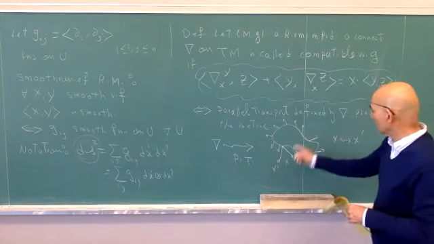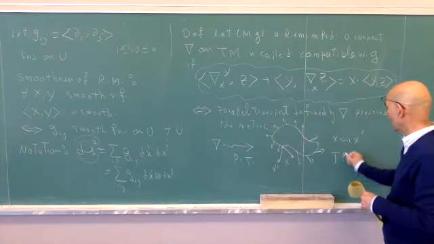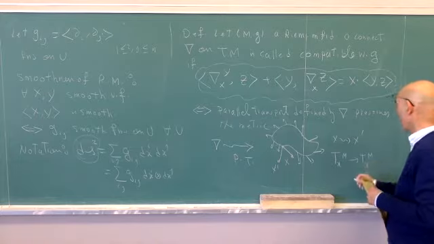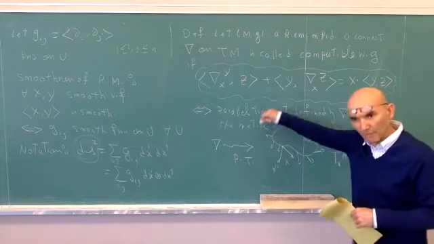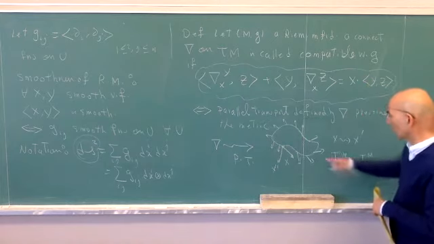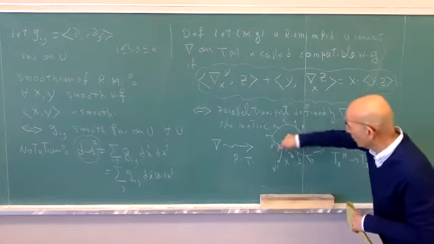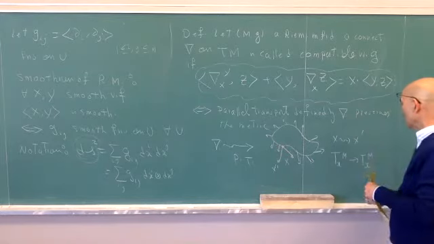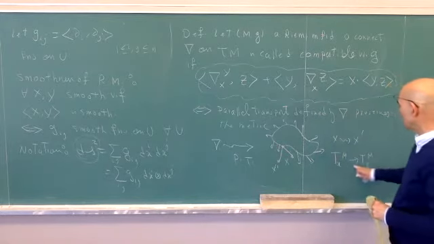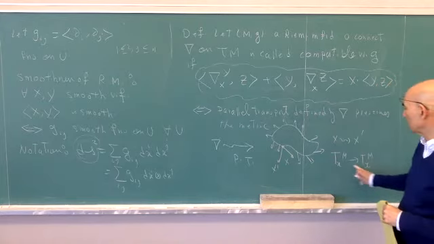So this parallel transport is an operation from T_m to itself. And of course, it depends on the choice of the curve as well. So it's not just x, it's also the curve that you go around and come back to this point. Basically, we can show that this condition is equivalent to saying that this map preserves the metric. So it's metric preserving.